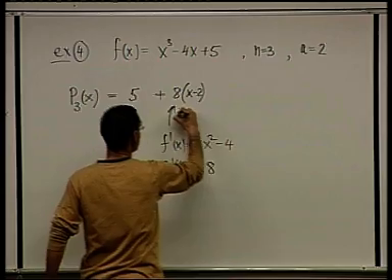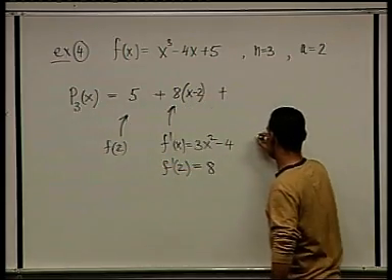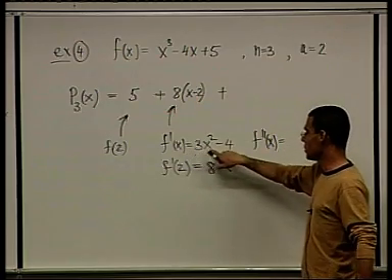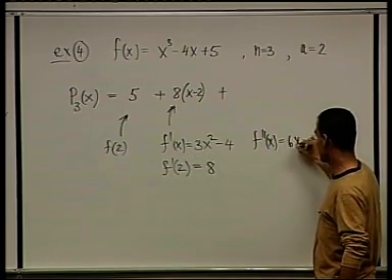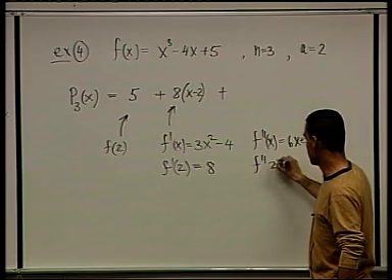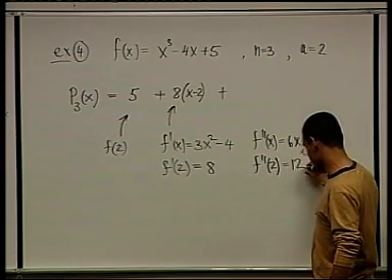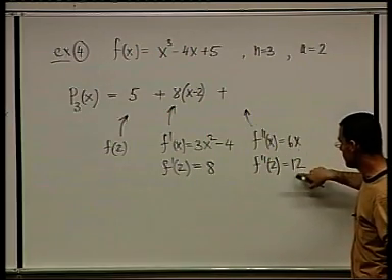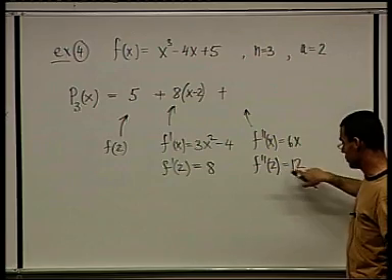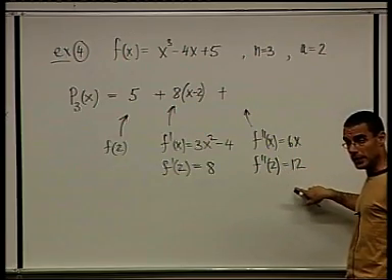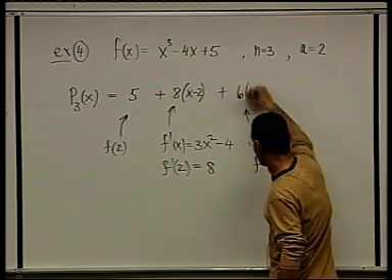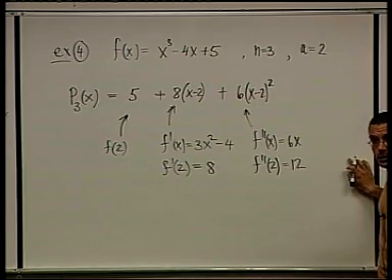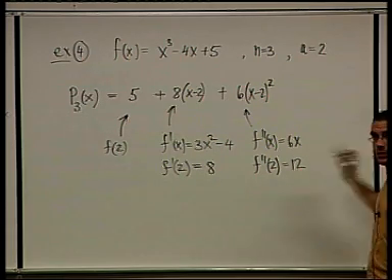Next, plus, now I need to find the second derivative. The second derivative is just 6x. The second derivative evaluated at 2 is 12. So the coefficient here is going to be f second derivative at 2 divided by 2 factorial, 6 times x minus 2 squared. Good? I'm just plugging everything into the formula.